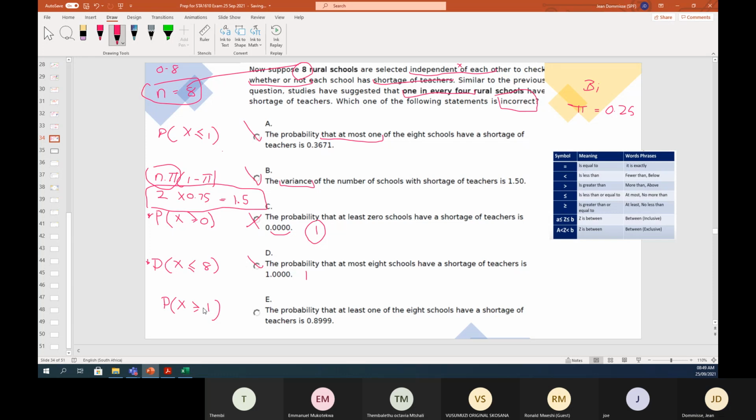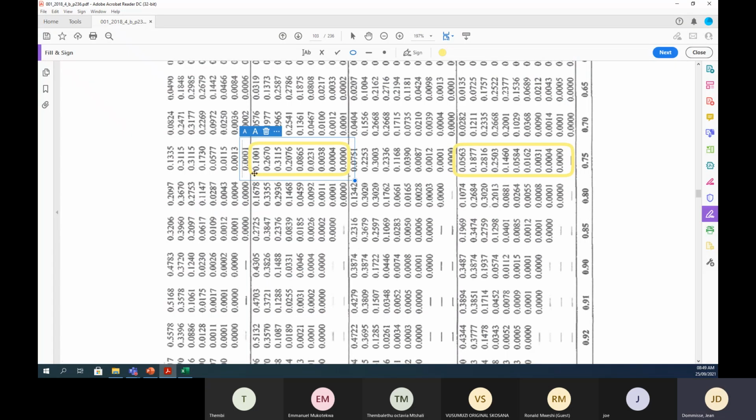Then I need to look at bigger or equal to 1, which is all of them except 0. I am not going to add all of them together.